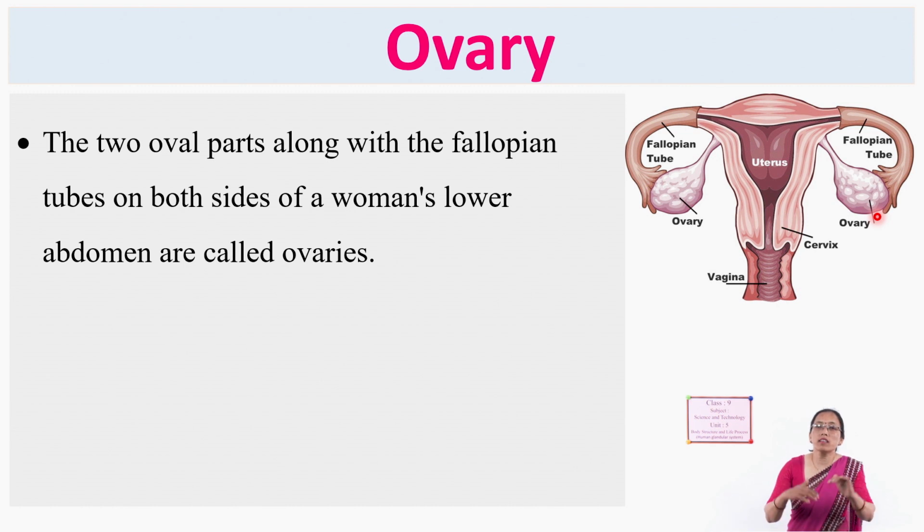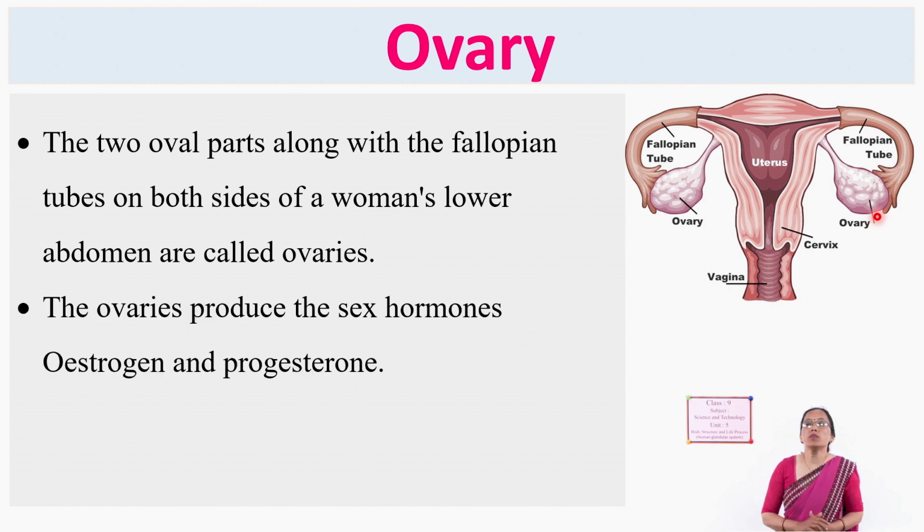These are located on the lower side of the abdomen, just like testicles. The hormones secreted by this are estrogen and progesterone. These hormones balance the menstruation cycle and ovulation, or production of the egg, etc.